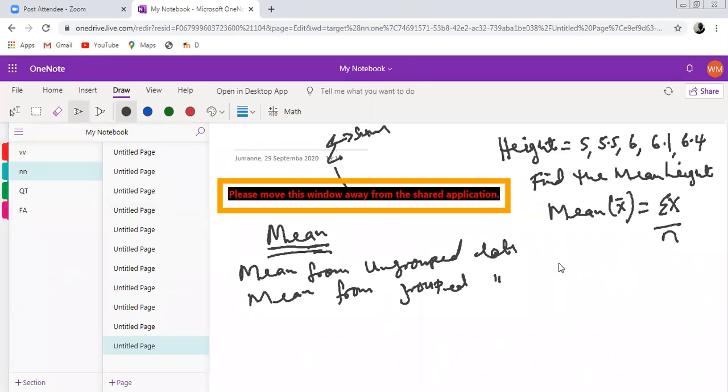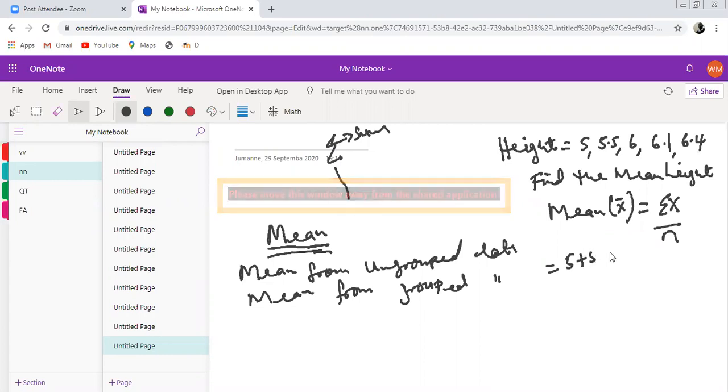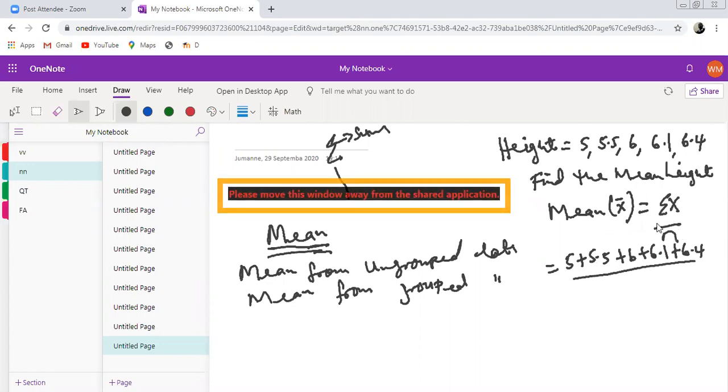So I'm going to come here and add. For me to have the sum of x's, I just add all my x's. So it's going to be 5 plus 5.5 plus 6 plus 6.1 plus 6.4. Then I divide by n. N is the number of observations where we have 1, 2, 3, 4, 5. We have 5 students who are measured.